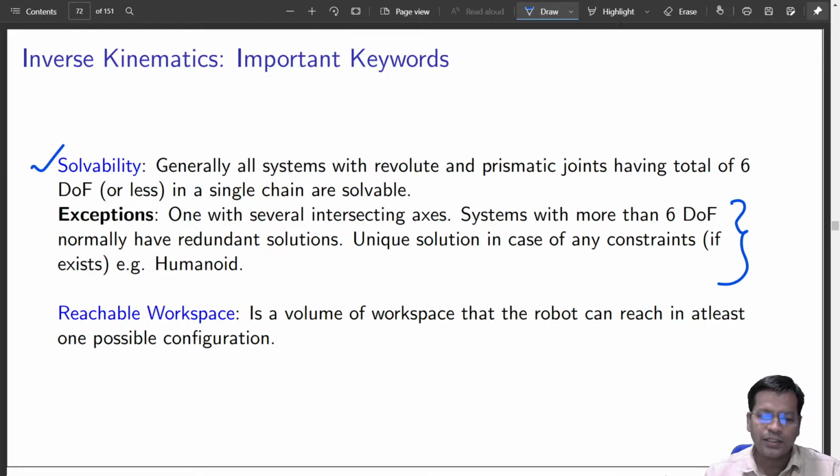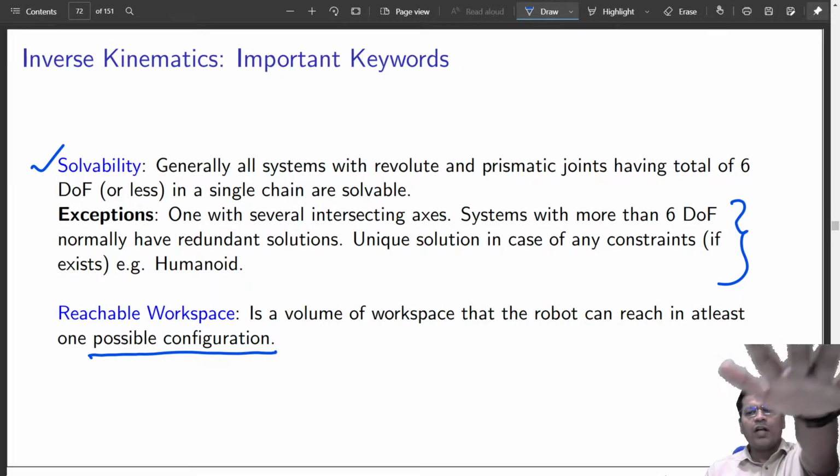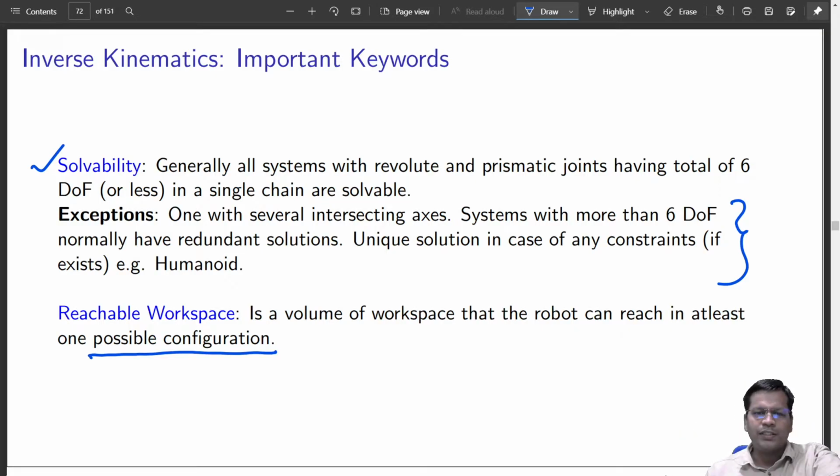And then there is the reachable workspace. It is the volume of workspace that a robot can reach in at least one possible configuration. Configuration means position and orientation combined together. If you extend your arm fully, you can reach somewhere.